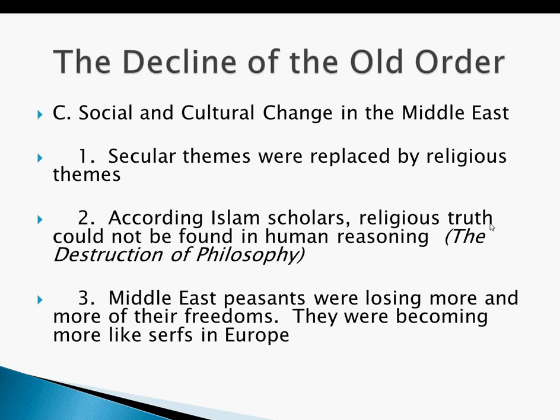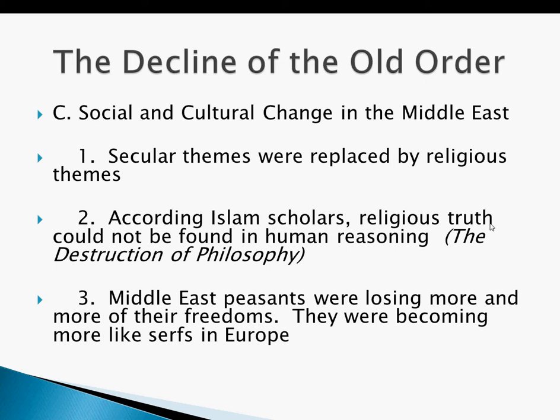Now, the social and cultural changes in the Middle East: secular themes were replaced by religious themes. According to Islamic scholars, you couldn't find anything really of any noteworthy importance in human reasoning. They're going to be very protective of the Muslim faith, not allowing outside philosophies and ideas to permeate their society.